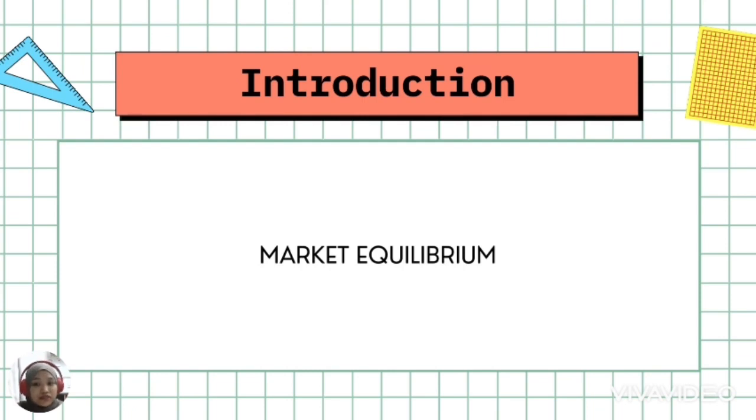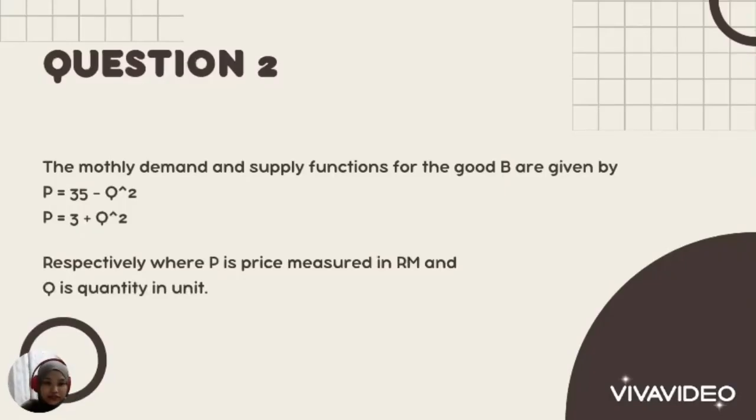And in the absence of external changes, the value of economic variables will not change. That was the brief of the market equilibrium definition.